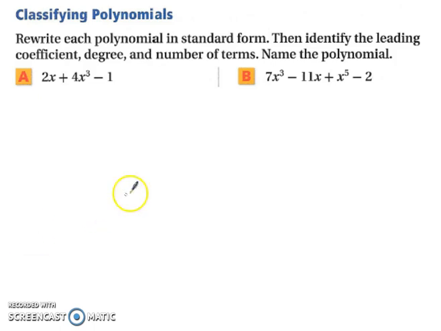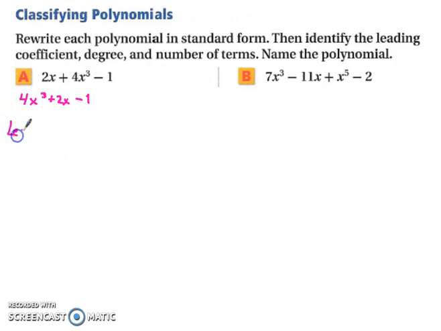Let's use those classifications to help us. So we're going to rewrite each polynomial in standard form, then identify the leading coefficient, degree, and number of terms, and finish it off by naming the polynomial. Alright, so let's write it in standard form. We need the largest power, so we have 4x to the third, and we have a positive 2x, and then a minus 1.